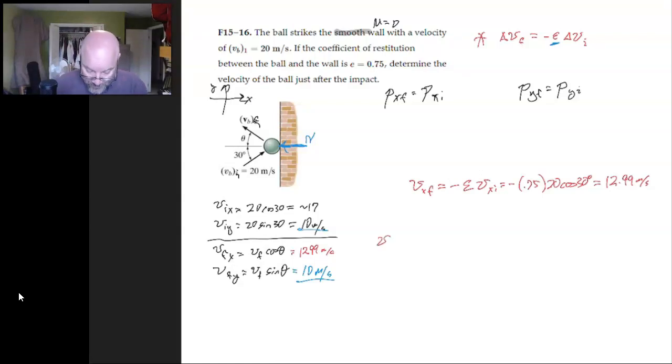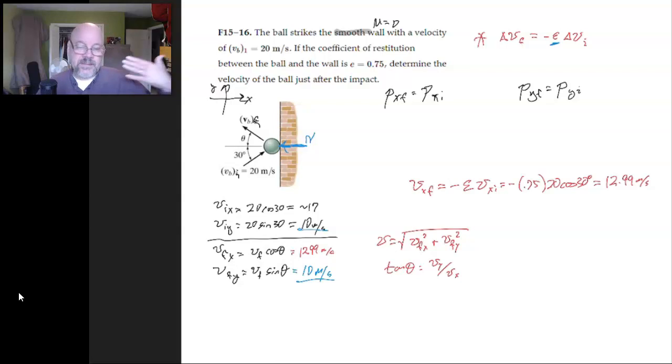Obviously, for your magnitude, you're going to be doing the square root of Vfx squared plus Vfy squared, and tangent of theta is going to be Vy over Vx. So you can work those two things out. I'm not exactly sure how you're going to have to put that answer in on Mastering Physics. So if you need a magnitude and an angle, or if you need the components, whatever, it's all there for you.